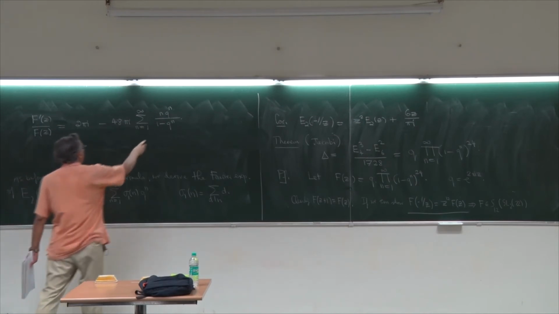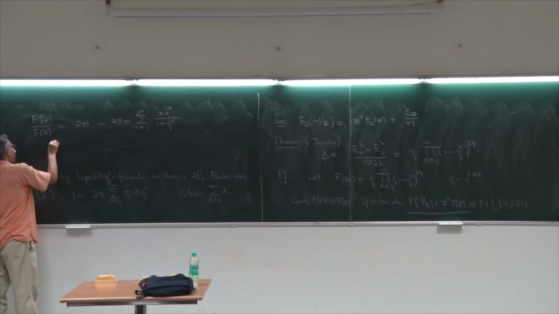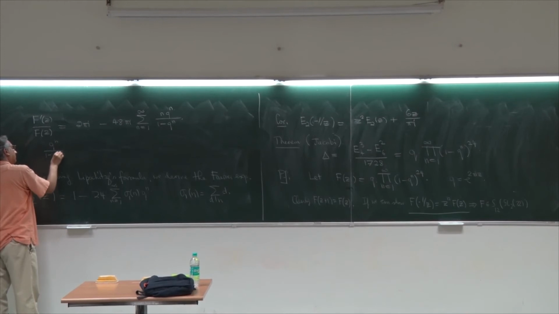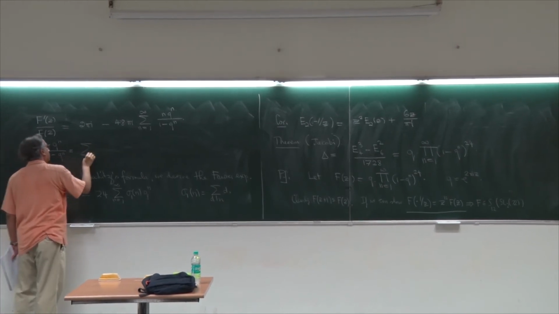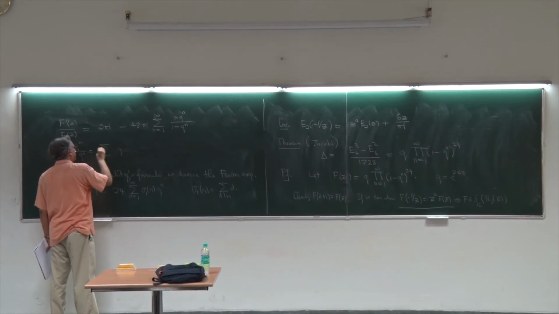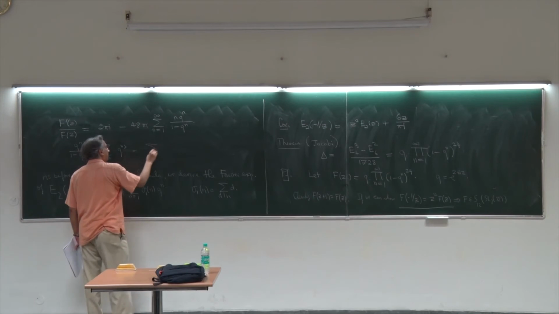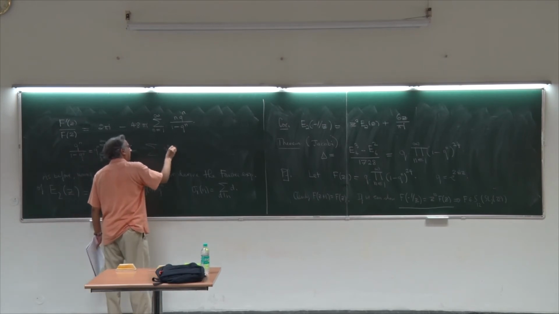Now I expand this guy in terms of a power series. So q to the n over 1 minus q to the n can be expanded as a power series. Now let's put the q to the n outside. So this is just q to the nj, and j is going from 0 to infinity. So that's equal to q to the n times j plus 1.